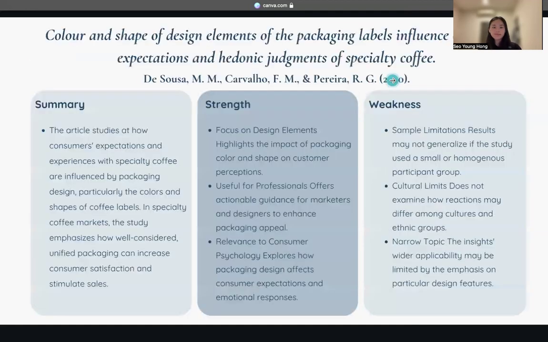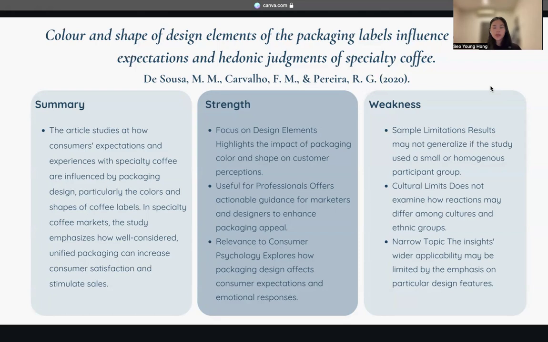Critical review. My first critical review is about color and shape design elements of packaging labels influencing consumer expectation and hygienic judgment of specialty coffee. This article studies how consumer expectation and experience with specialty coffee are influenced by packaging design, particularly the colors and shape of the labels.